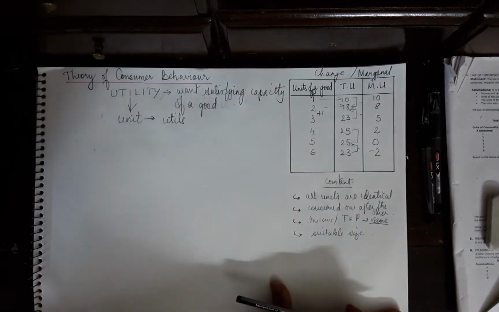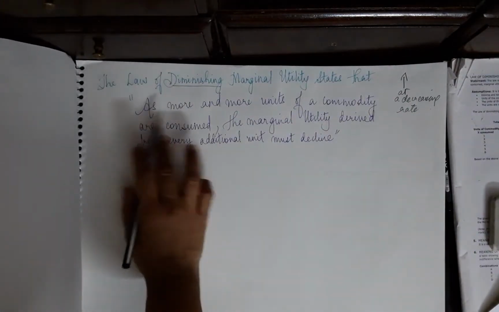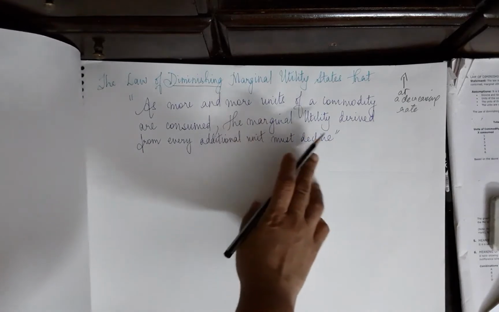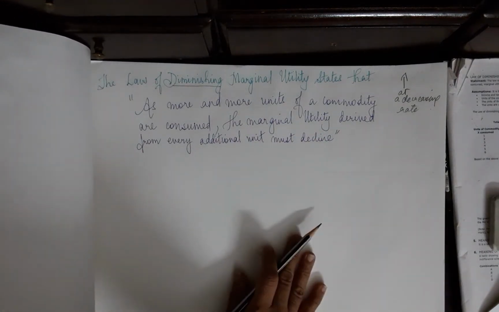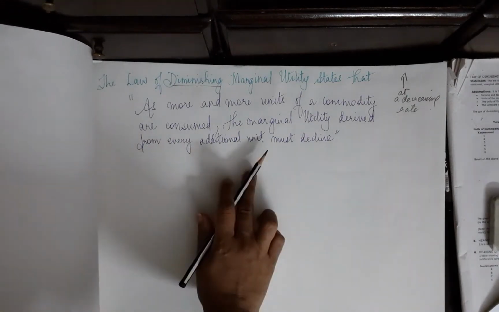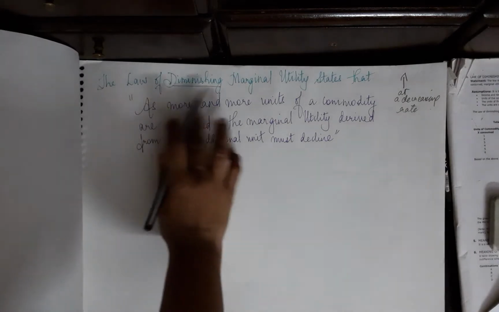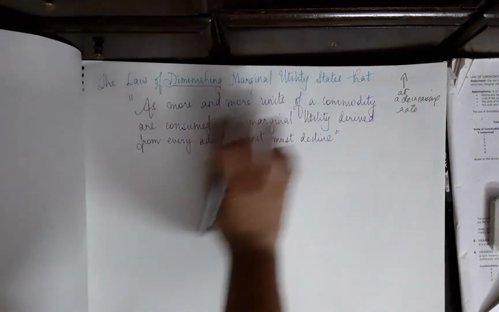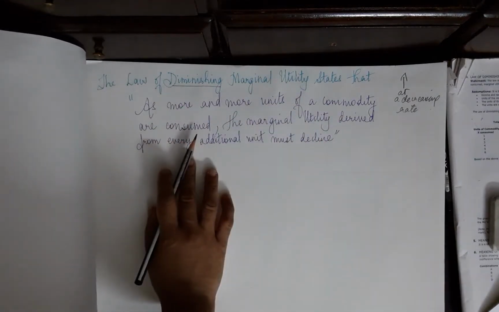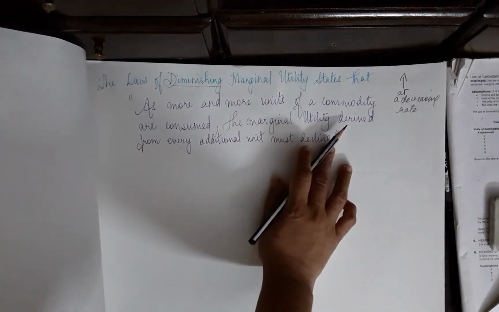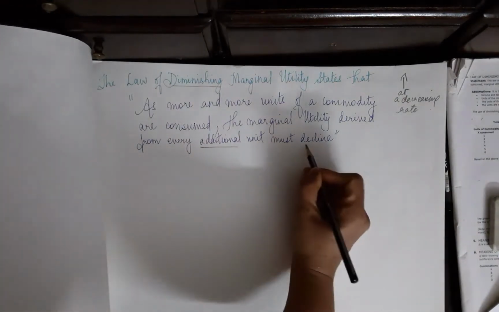That is what this law is teaching us. It is teaching us that as more and more units of a commodity are consumed, the marginal utility derived from every additional unit must decline. We'll repeat. What does the law of diminishing marginal utility state? It states that as more and more units of a commodity are consumed, the marginal utility derived from every additional unit must decline.